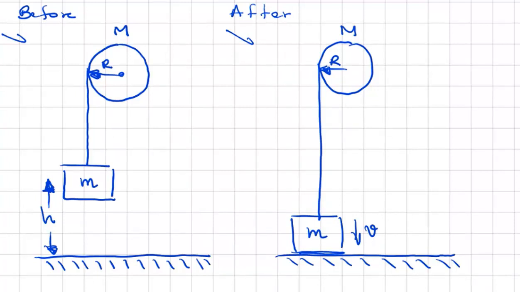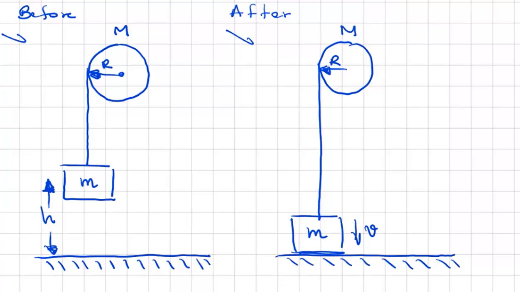So in this example, the cable doesn't slip, right? So there is no friction between the cable and the disc. We assume that the cable is massless, so that the forces that it exerts on the cylinder and block are equal.